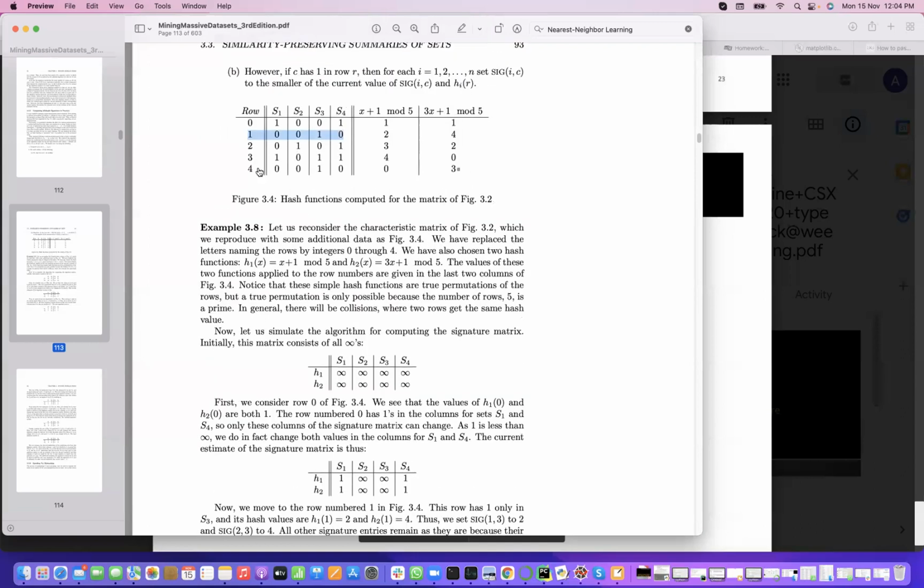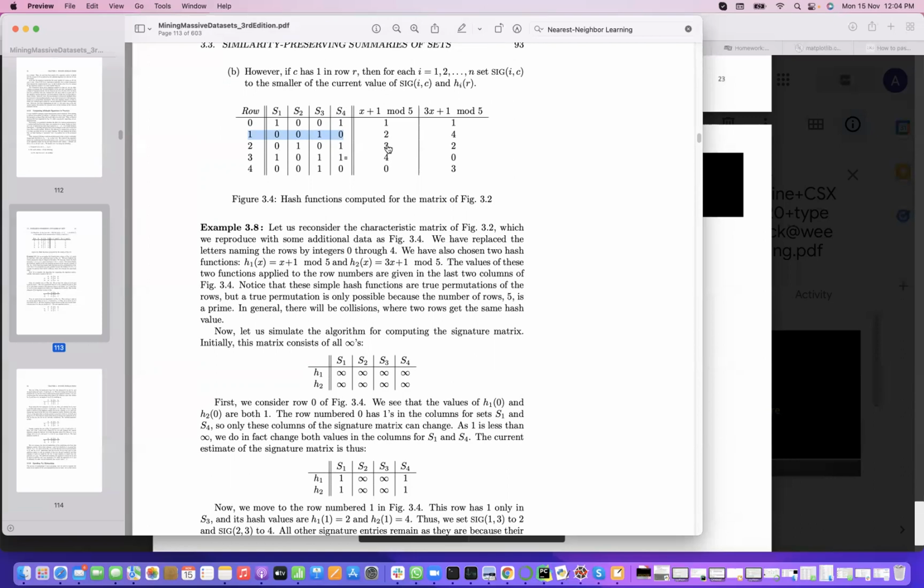Now, what about the next row? It is mapped to index 2 row, index 3 and index 2. And index 2 has ones only in S2 and S4, right? If the S2 value is more than 3, we'll replace it for the first hash map.